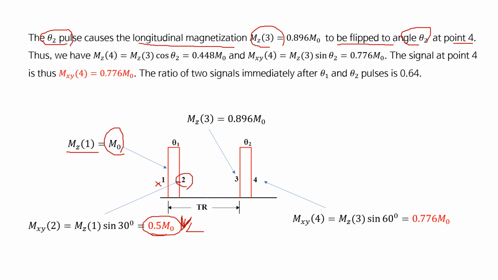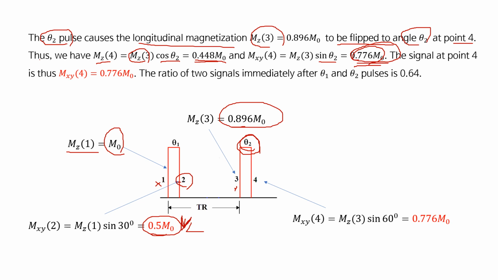And we also obtained Mz3, this one, plus we have Mz4 due to this pulse. Mz4 is Mz3 cosine theta 2, so we can get this number, and Mxy4 is Mz3 sine theta 2.